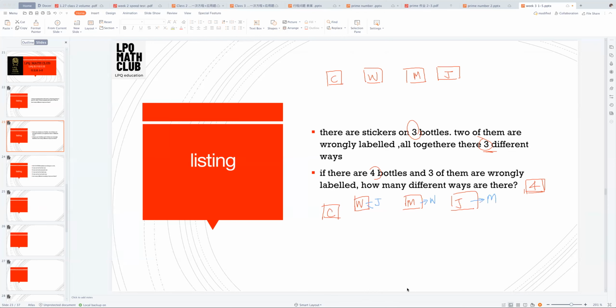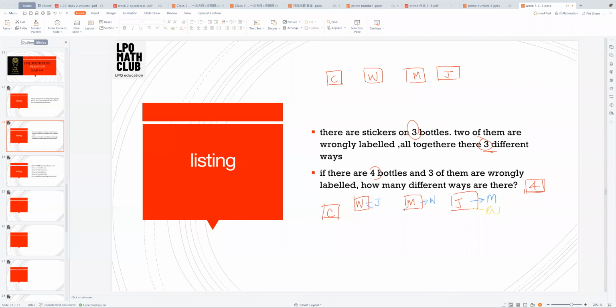as milk. But there's also another way: juice could be wrongly labeled as water, sorry, and milk can be wrongly labeled as juice. Sorry, I'm making mistakes here.